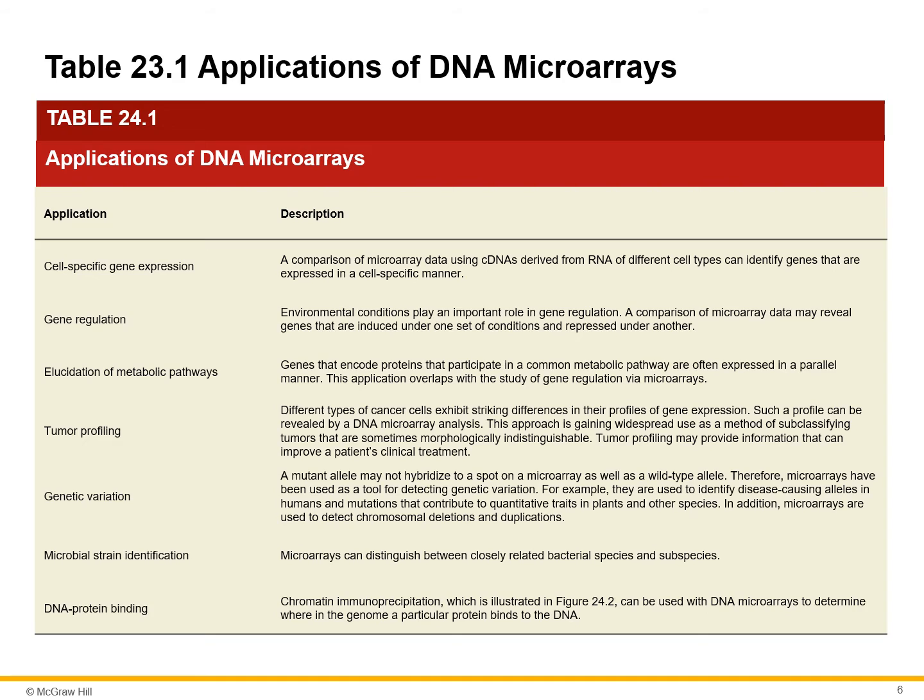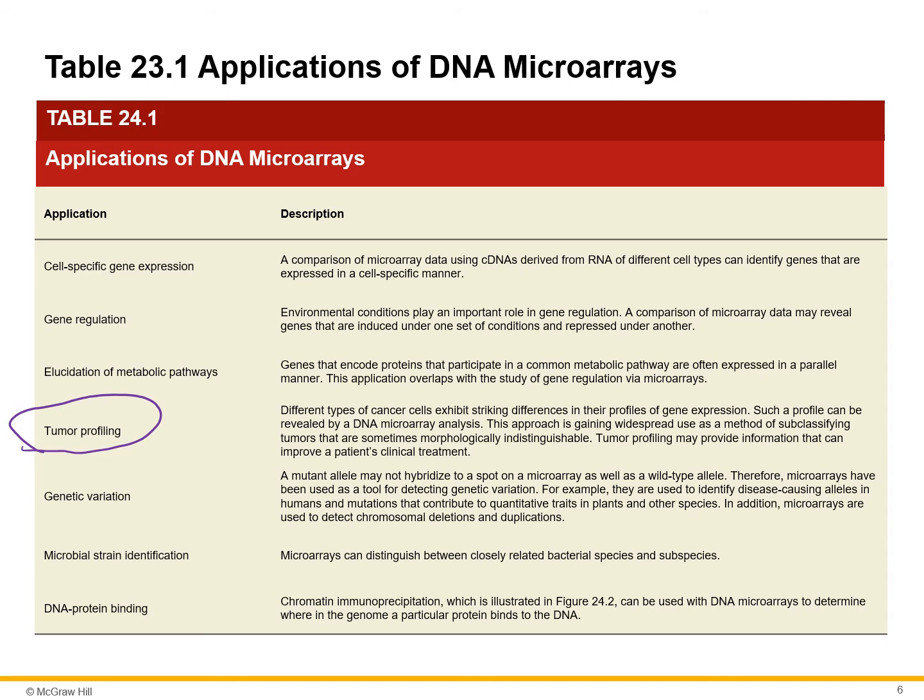It can look at gene expression in different cell types, and different things that can turn on different genes, by having cells exposed to different hormones or whatever, then seeing what influence that has on gene expression. One thing that it's used a lot for is tumor profiling. Different types of cancer cells grow and divide and have different characteristics.